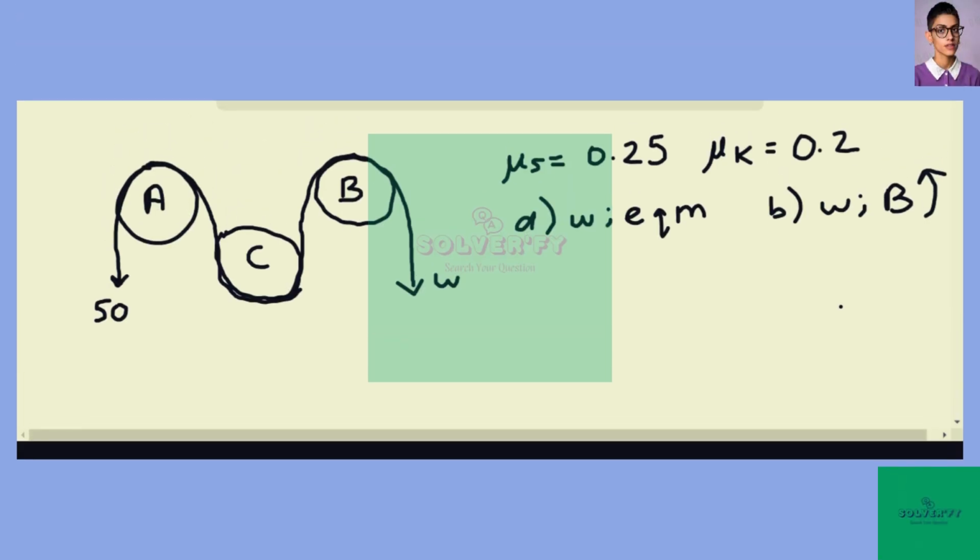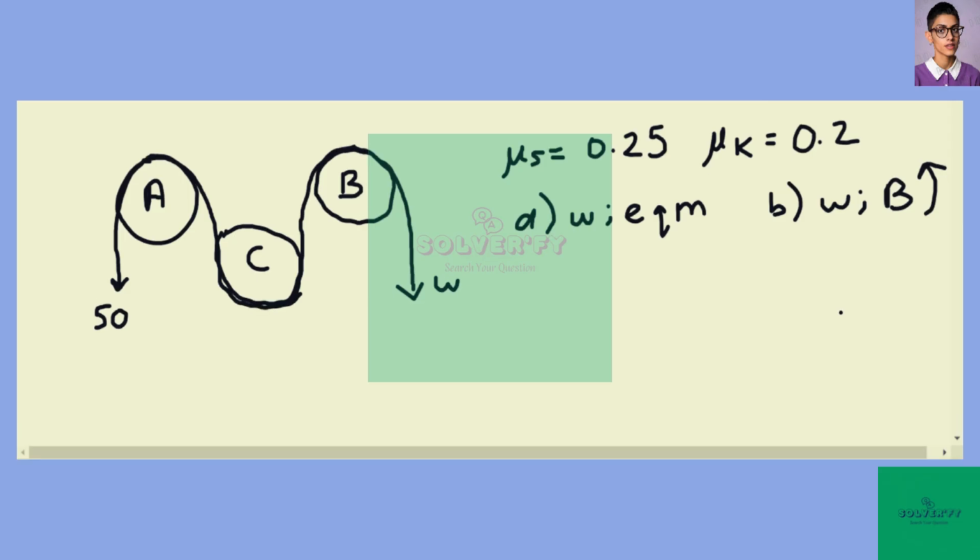So in question 122, we're given 3 pipes, A, B, and C. We have a cable passing through these 3 pipes. We have a 50-pound weight on one side and a weight of W on the other side. We know the static coefficient of friction is 0.25 and the kinetic coefficient is 0.2.